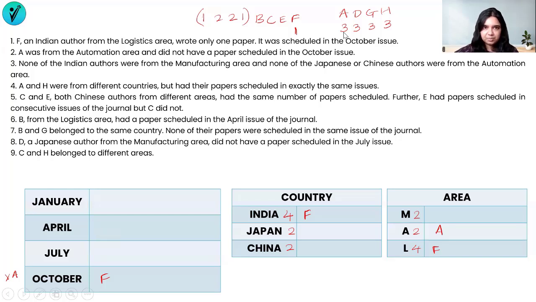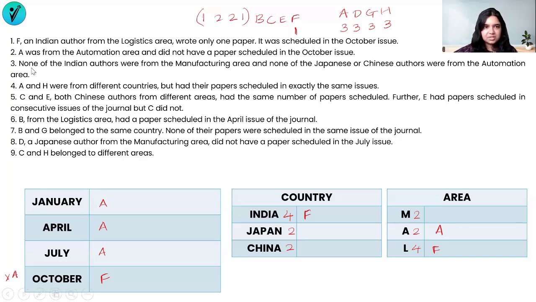A publishes 3 papers, and in every issue you can publish only 1 paper. So if A has not published in October and has to publish 3 papers, clearly A has a paper in January, April, and July as well. So A's 3 papers are accounted for. F's 1 single paper is also accounted for so far.